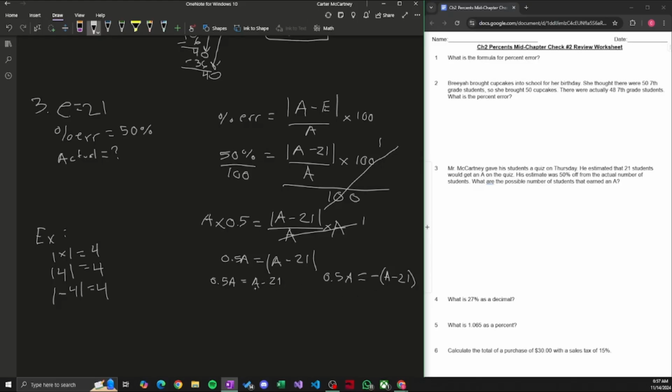Now, we want to get A by itself still, so what we can do is subtract A from this side to the other side, and in this case, we can distribute this negative sign, and then we can add A. So let's distribute first.